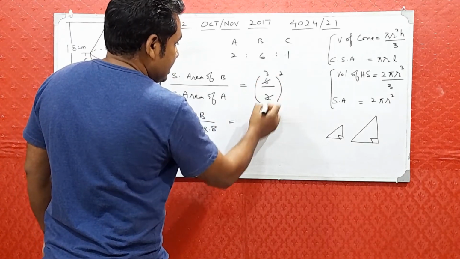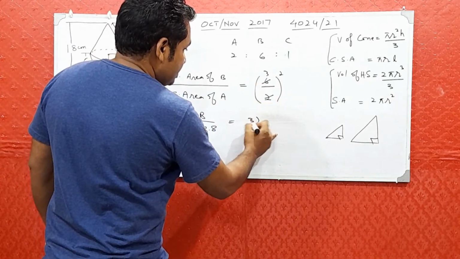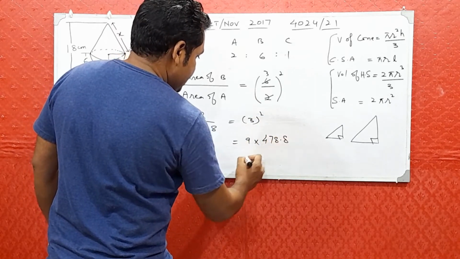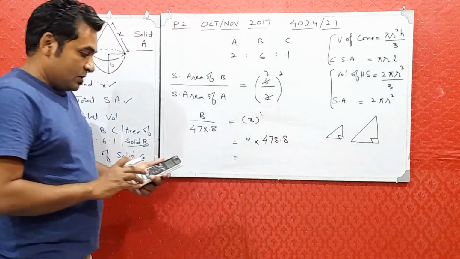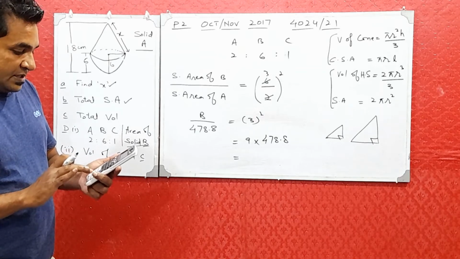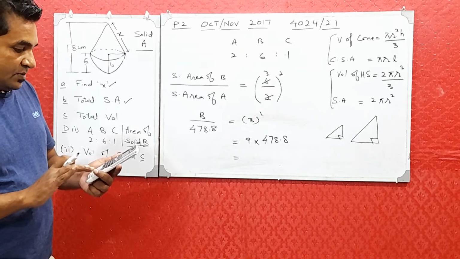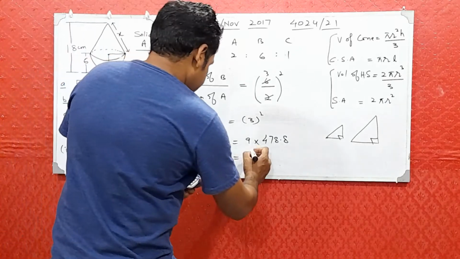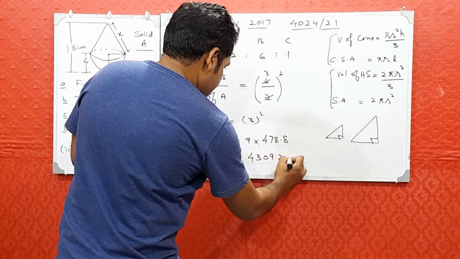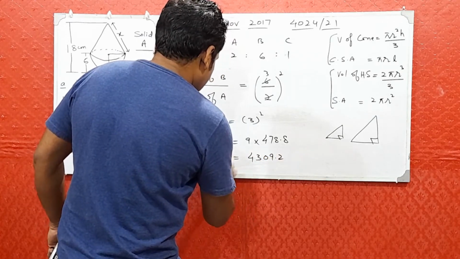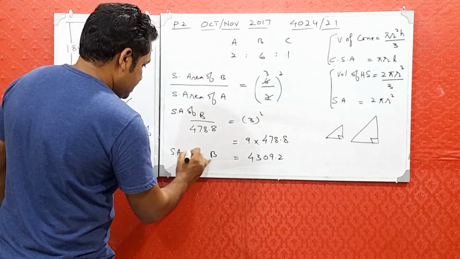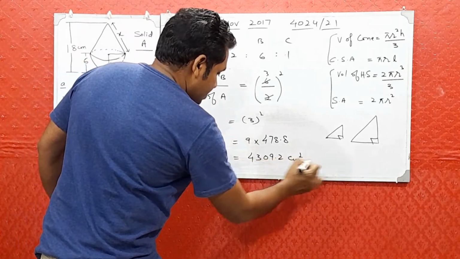This will cancel, and I will get 3 squared, which is 9 times 478.8. When you multiply this, you get 4,309.2, and this was the surface area of B, so it will be in centimeter squared.